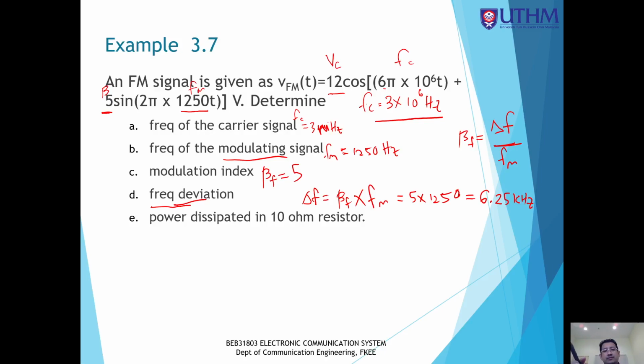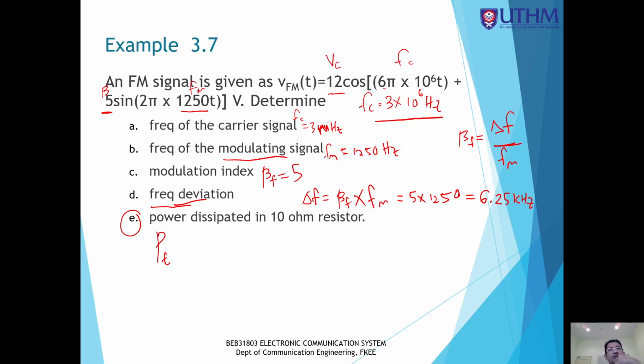Okay, and then the last question is to find the total power dissipated in the 10 ohm resistor. So this is about the total power PT.